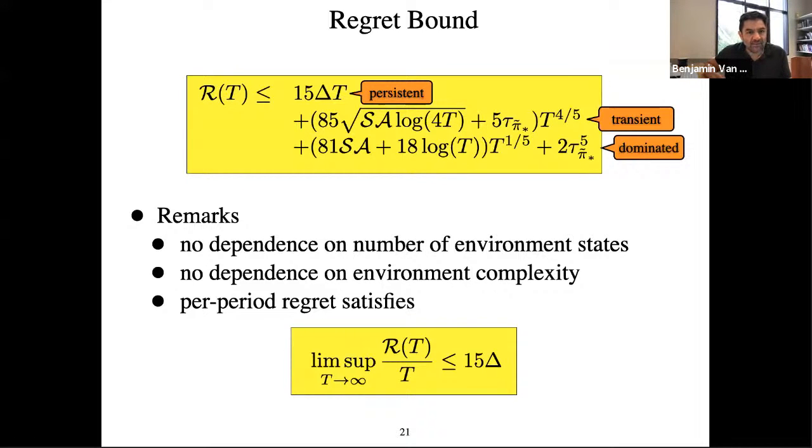This is like looking at the long-term difference between the average reward attained by the agent and the average reward attained by an optimal policy. That's bounded above by 15 times delta, where delta is the fidelity of our aleatoric state. So the fidelity of our aleatoric state is controlling how well this agent eventually performs relative to an optimal policy. And remember, the fidelity of the aleatoric state limits how well the agent can predict future value. So it makes sense that there's this relationship.